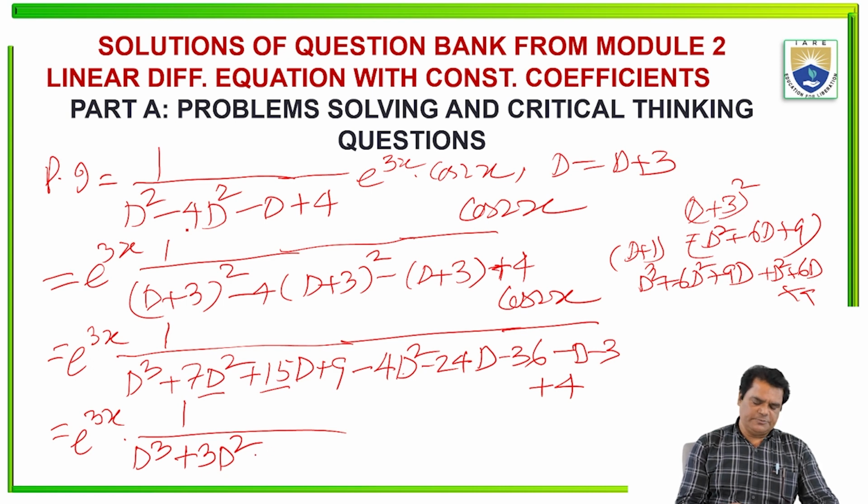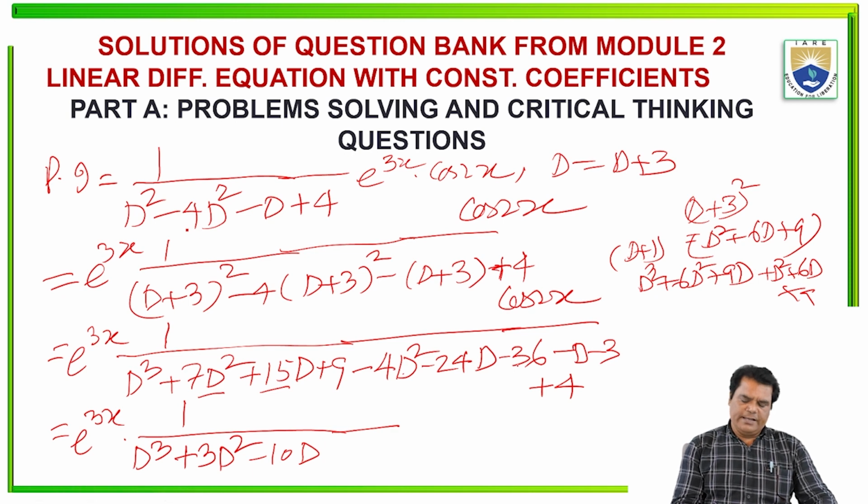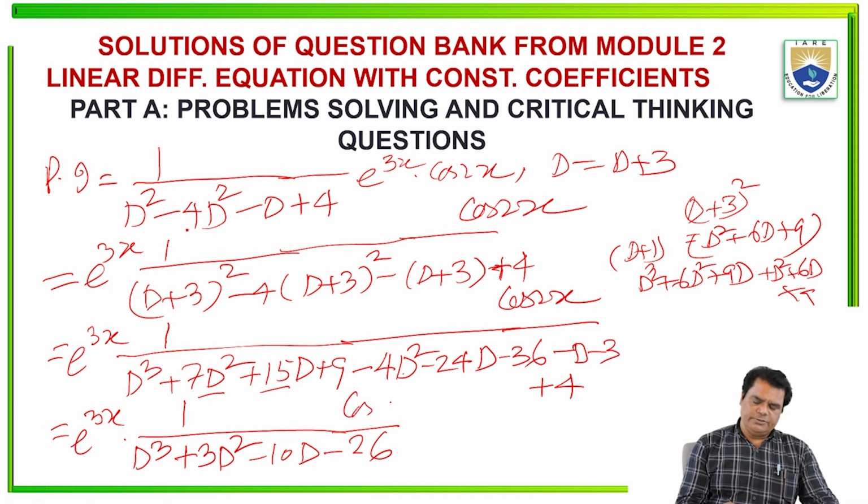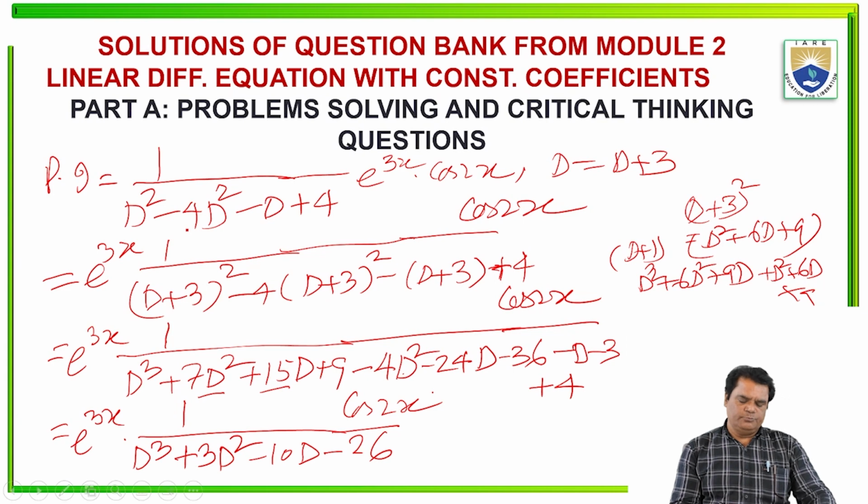And here 9 − 36 − 3 + 4: 9 + 4 is 13, 13 − 39 is −26. Here is cos 2x.